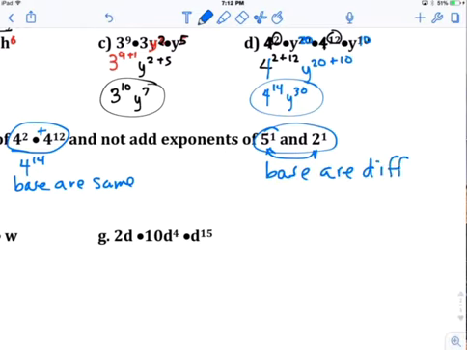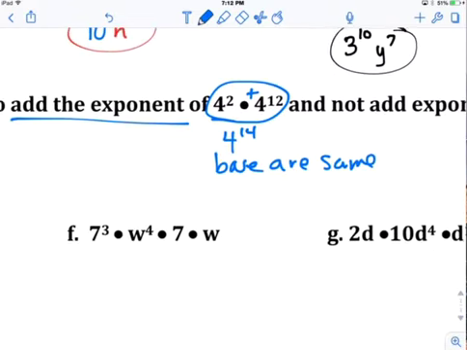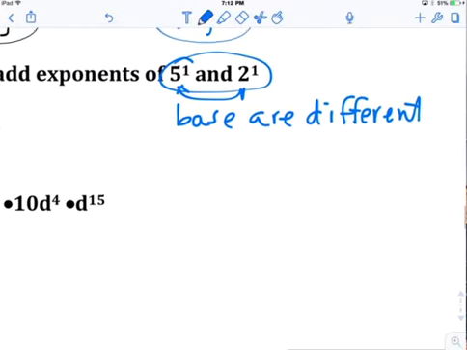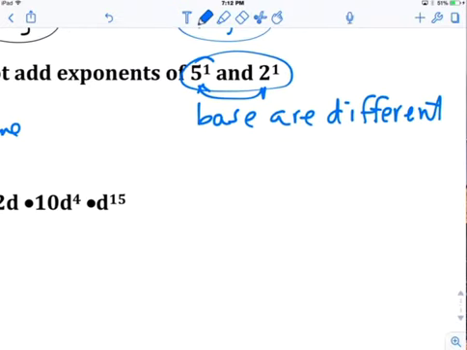Okay? So with 4 squared times 4 to the 6th 12, the bases are the same. With 5 to the 1st and 2 to the 1st, the bases are different.